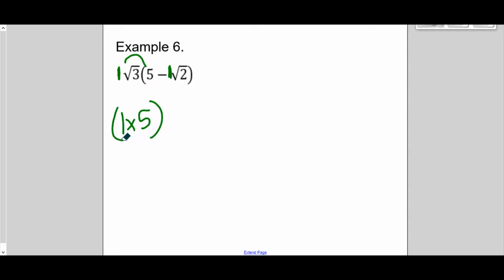So that's outside. And notice there's no square root for that 3 to be multiplied by, so I'm just going to say square root of 3. And then we'll distribute it to the second term. So I'll say plus 1 times negative 1.